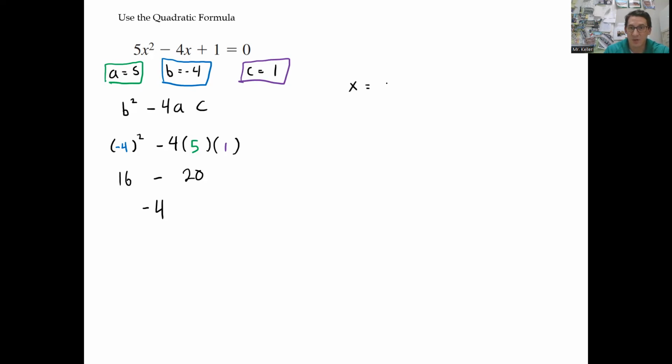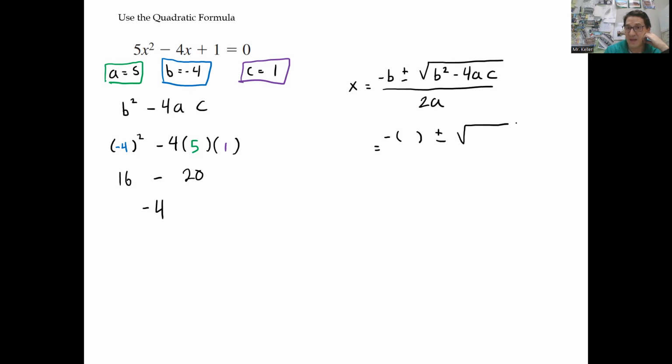Next thing I'm going to do is put it into the quadratic formula. The quadratic formula is -b plus or minus the square root of b squared minus 4ac all over 2a. Since I did the messy part underneath the radical, all I need to put in here is b, and then the discriminant, already found that whole thing, and then a. So the discriminant was -4, so I can put that in here.